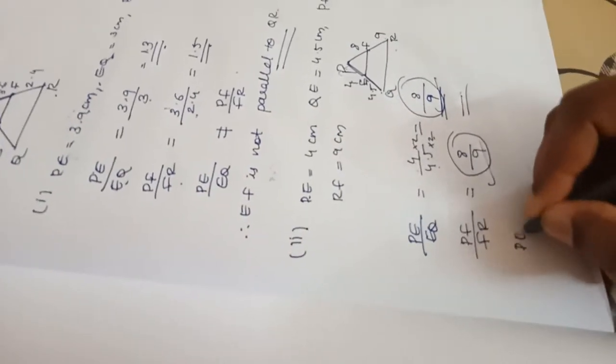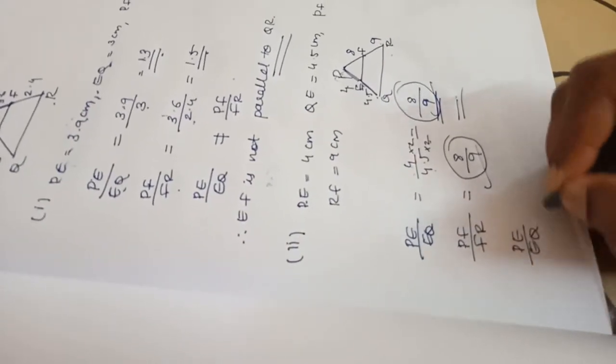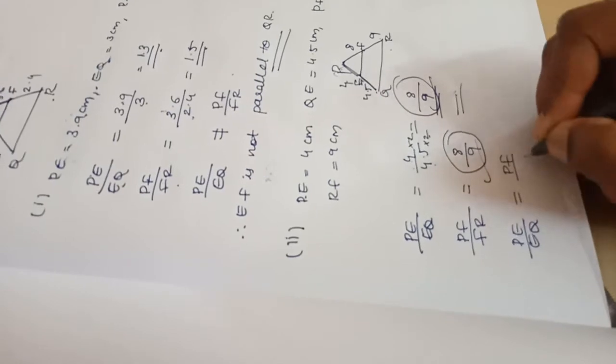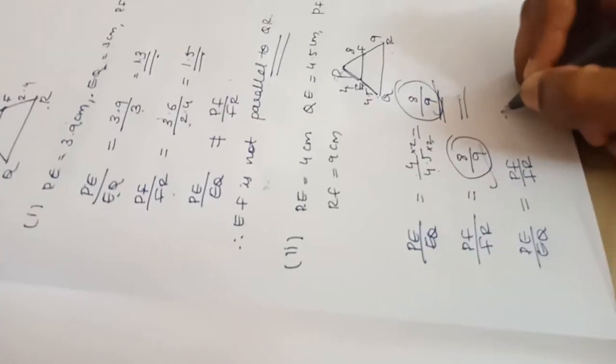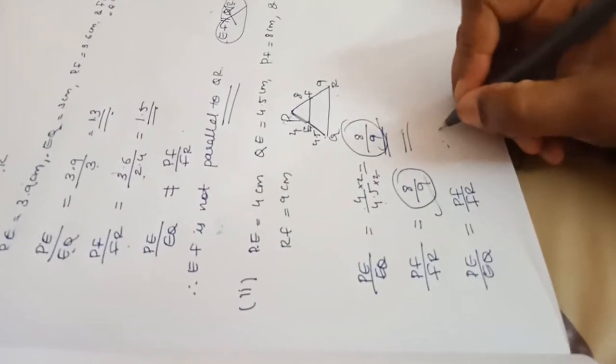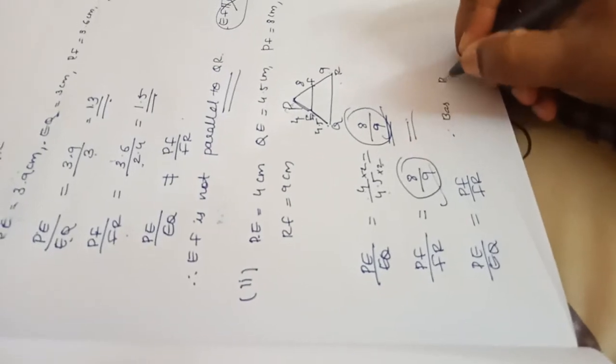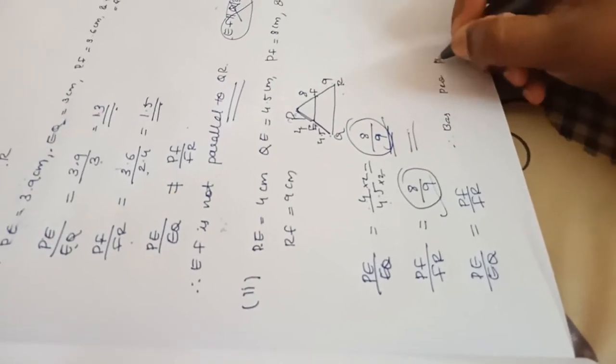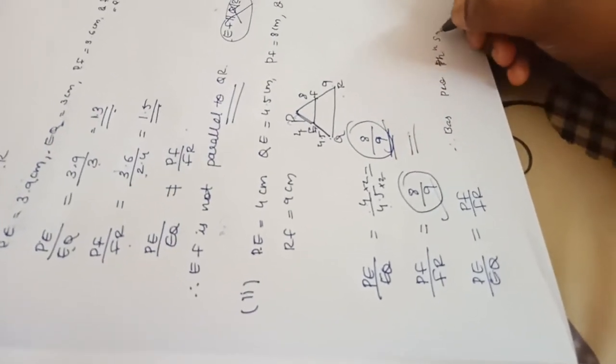So we can write PE divided by EQ is equal to PF divided by FR. Therefore, which theorem is satisfied? The basic proportional theorem is satisfied, right?